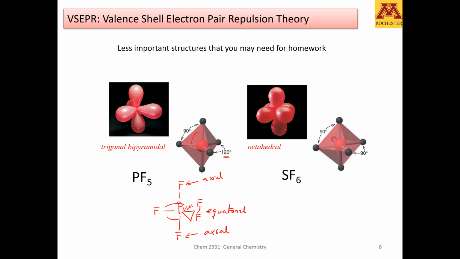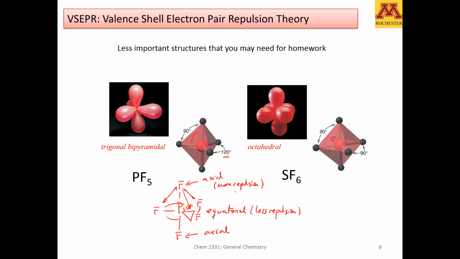It's important to understand that atoms in equatorial position have less repulsion because they have two atoms at 90 degrees and two more at 120, and atoms in axial position will have more repulsion because they interact with their neighbors. There it has three different atoms, and at this point you may not see, I've been writing too much on this figure, but it has three neighbor surrounding atoms at 90 degrees.